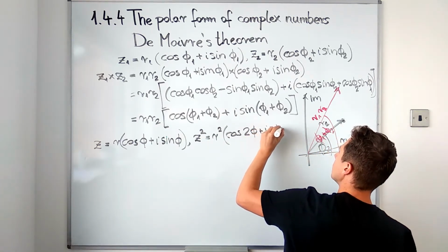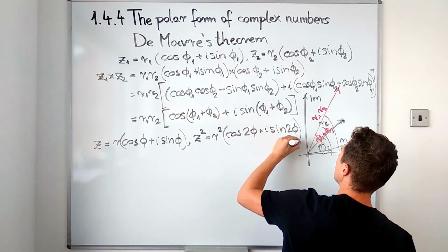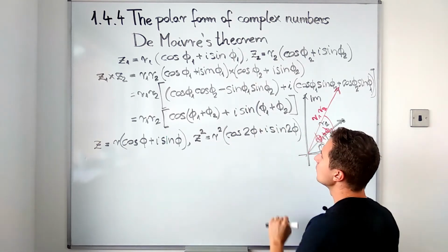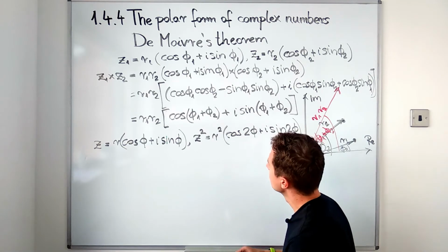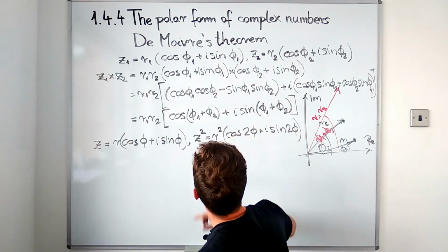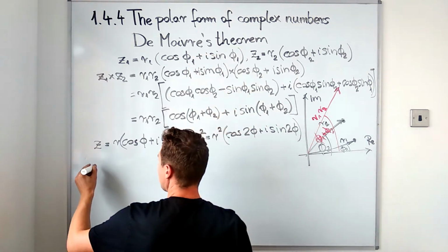So this is what happens when you square a complex number. The modulus gets squared and the argument gets doubled. This is true in general for other exponents as well. That is de Moivre's theorem.